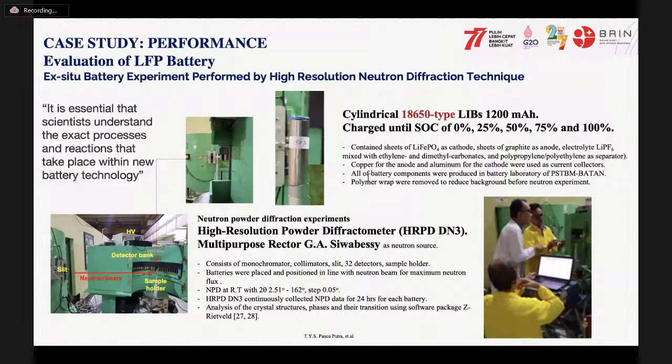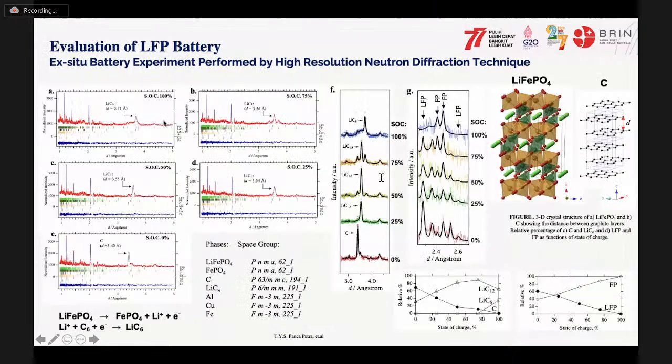And this is other work. We study the battery using our HRPD at the Nuclear Research Center. And this is the diffraction pattern for the battery at different SOC, different conditions of charge.